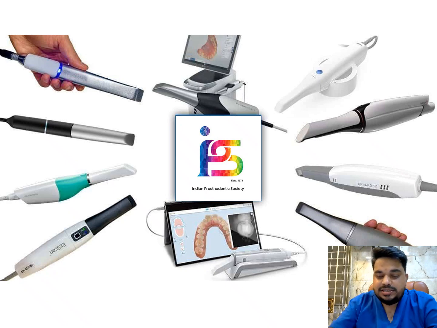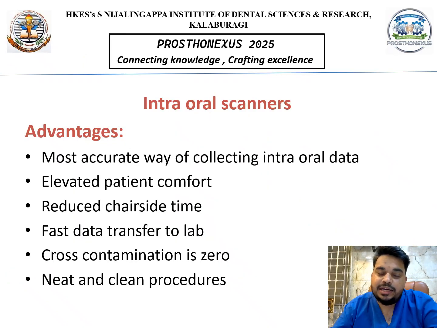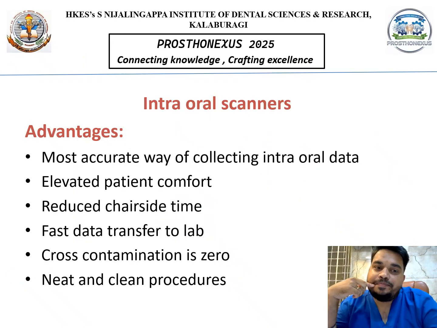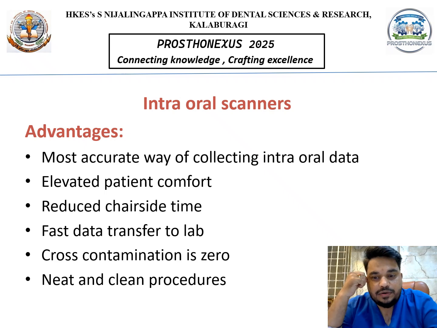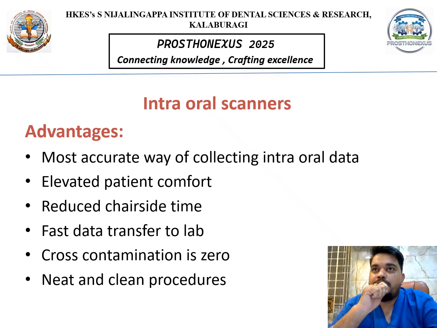So we'll just see what the scanners are and why they are being used. What are the advantages of these intraoral scanners? First of all is the accuracy. We have made the messy alginate impressions, then the light body putty impressions. The most difficult part of all these impression techniques is that you require patient cooperation.